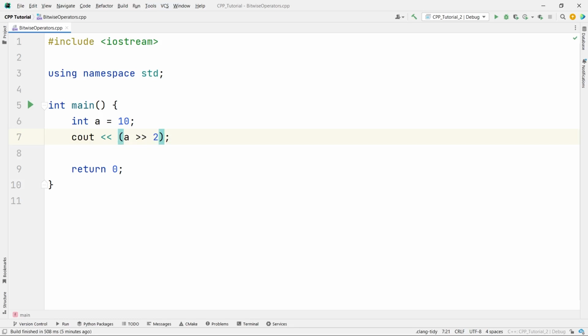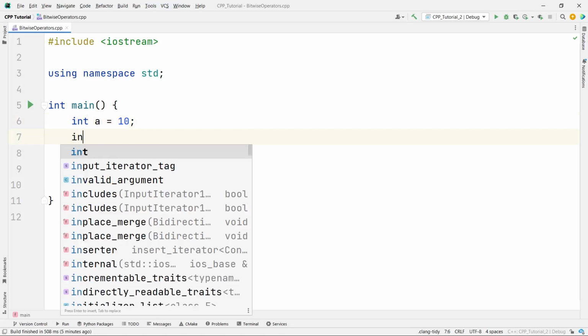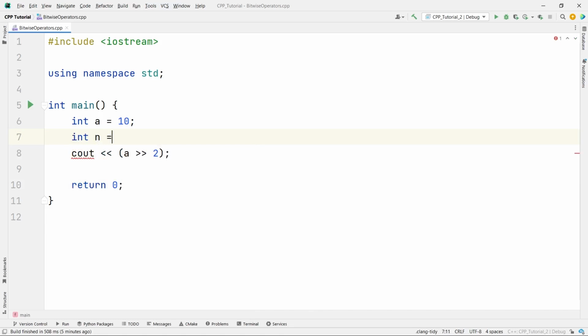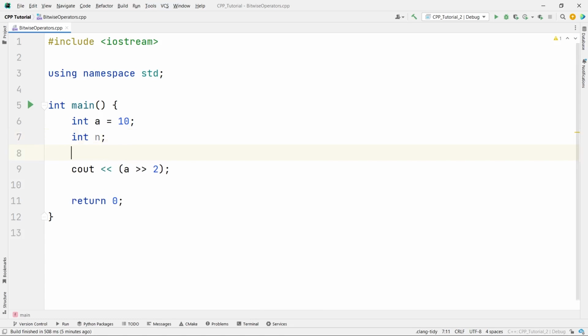Okay, whereas otherwise, because sometimes what happens, I will show you what is actually happening here. I take a value, int n is equal to, I'm just taking a value, okay, then I will say cin >> n. You can see here, actually it is used to take input from the user.